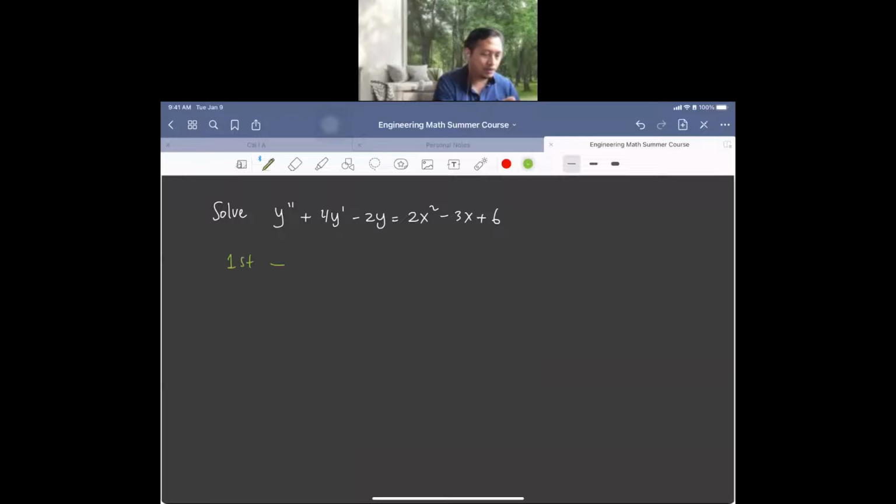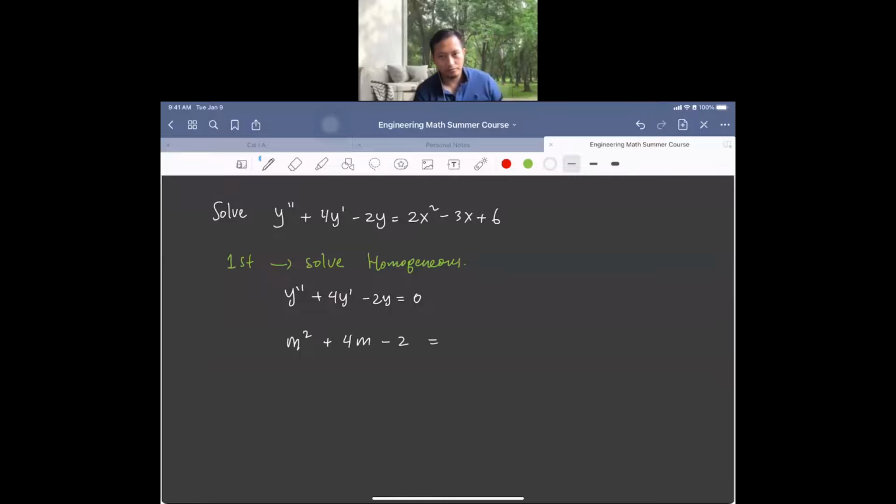Okay, first solve the homogeneous one. This is always to be kept in mind: solve the homogeneous first. So first we write the homogeneous one equal to 0. We are going to write m squared plus 4m minus 2.